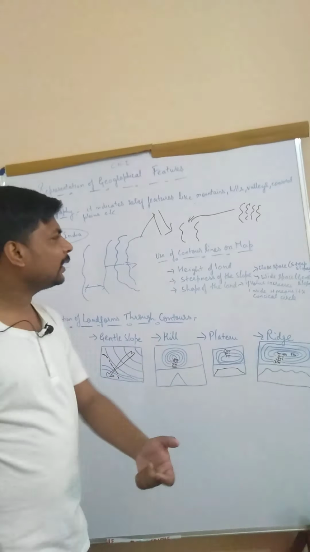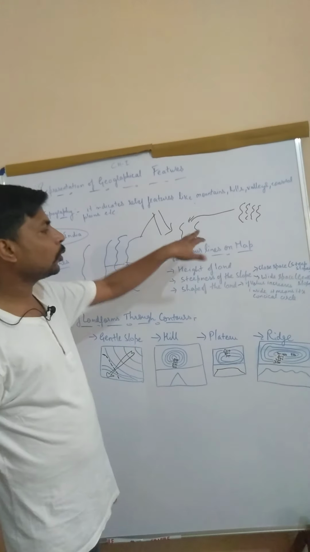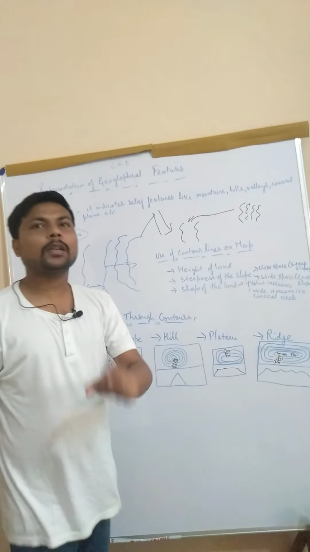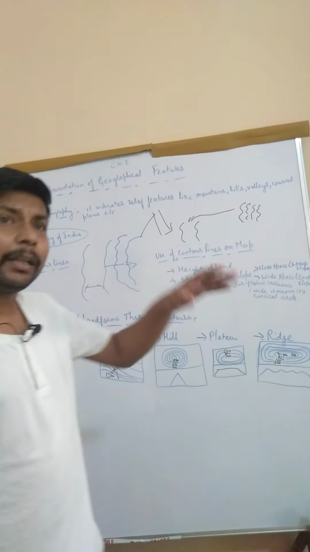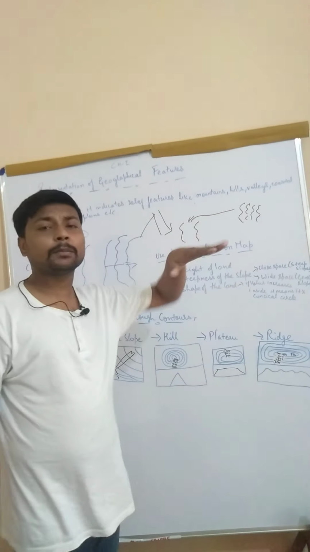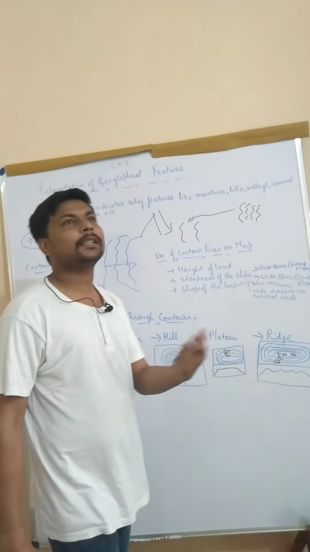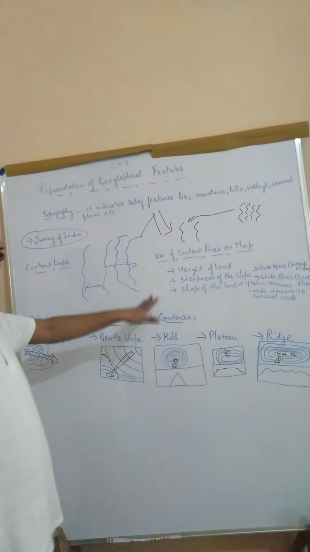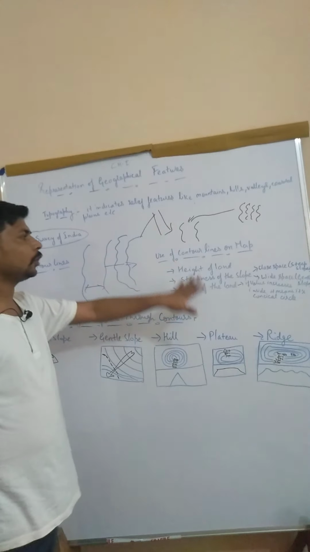For example, if the value between the contour lines is increasing, it means that place is a conical hill. And when that value decreases, it means the height of the hill might be decreasing, or it might be a plateau also, okay? So it totally depends on the contour lines. So that is the use of contour lines.